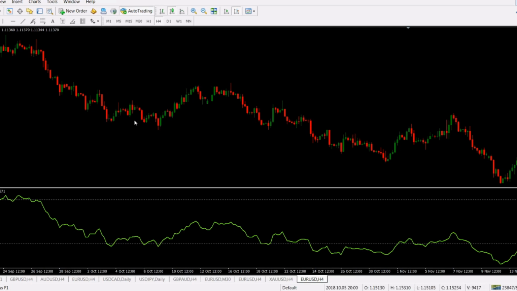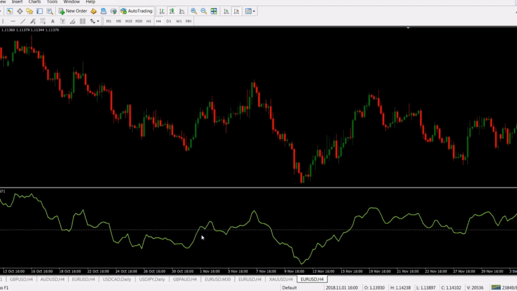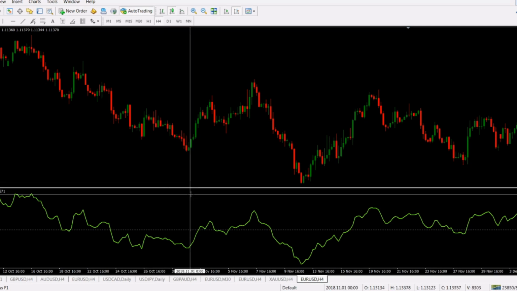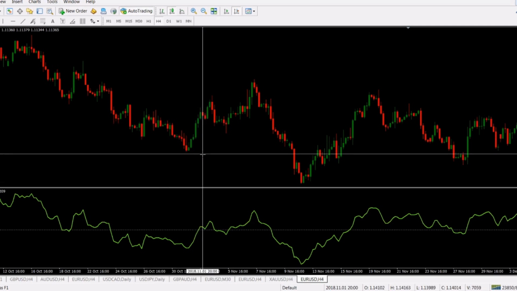Probably we would be square or with a small loss on this position. So again, no selling signal here. Here we got a buying signal. That's the one. We are buying signal, so we buy probably.